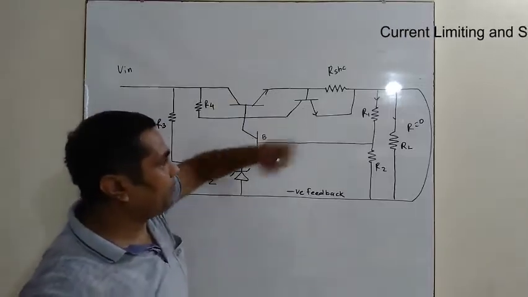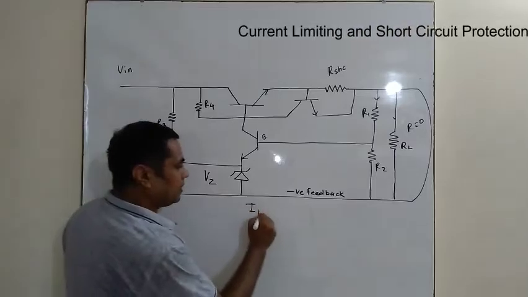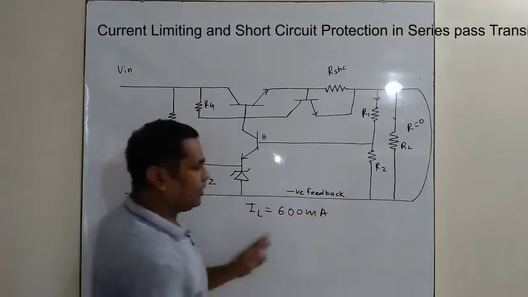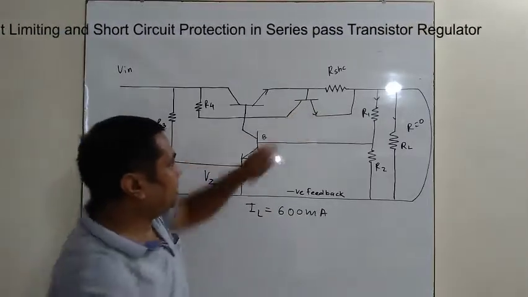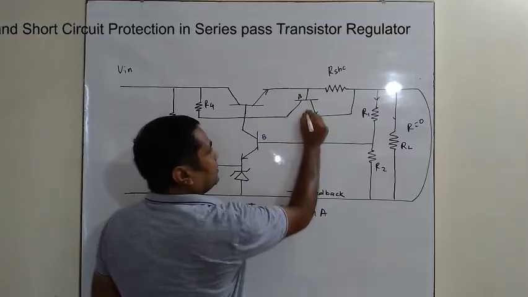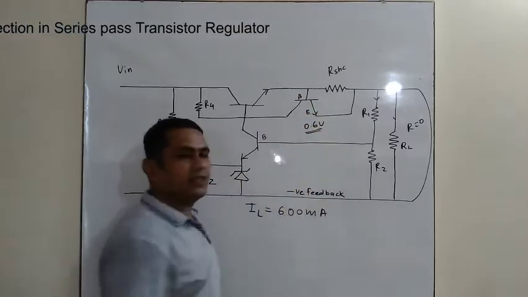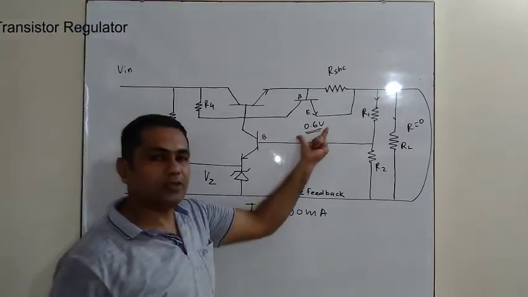Now, how is current limiting provided here? Suppose we are going to design this for a current limit of, say, 100 milliampere. For this, the base to emitter voltage of this transistor must be less than 0.7 volt. In this case, let us consider the voltage to be 0.6 volt.